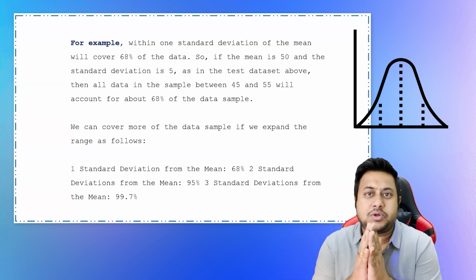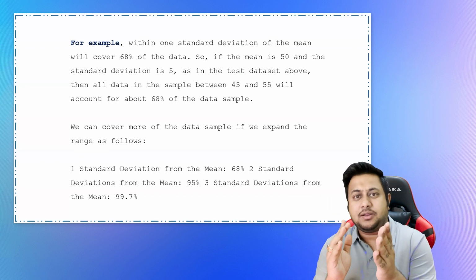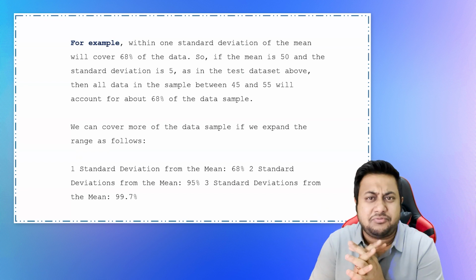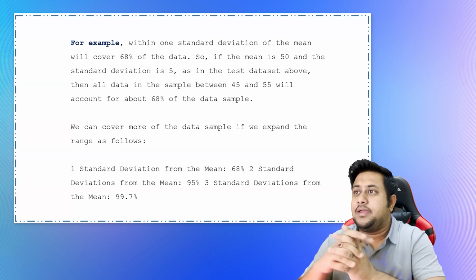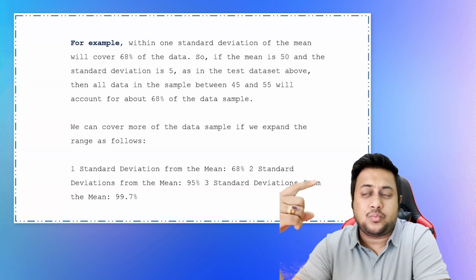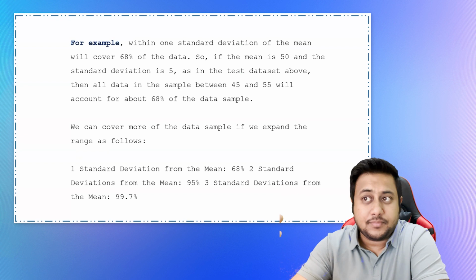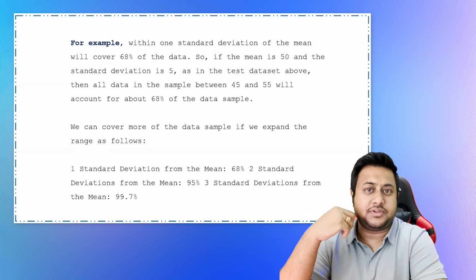Within plus minus 1 standard deviation, we have 68%. Plus minus 2, we have 95%. Plus minus 3, we have 99.7%, right? So let's say we're talking about within 1 standard deviation of the mean, which will cover 68% of the data.